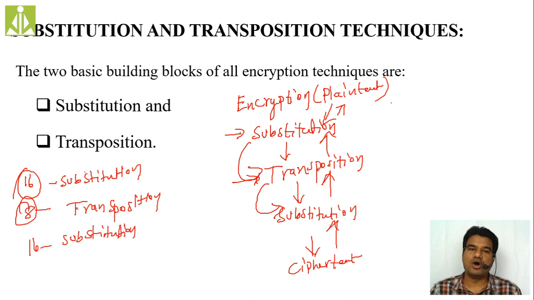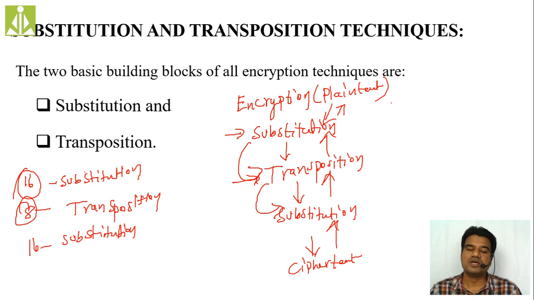When we elaborate the symmetric key algorithms or asymmetric key algorithms, there we will study how these rounds of operations will be performed. Till that time you simply remember, not a single operation but 16 rounds of substitution operations they are performing. Again transposition, not a single operation but 8 rounds of transposition operations.